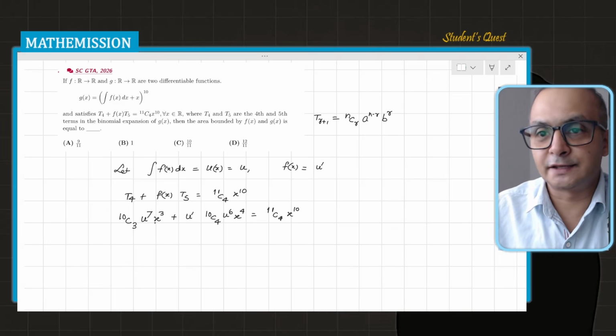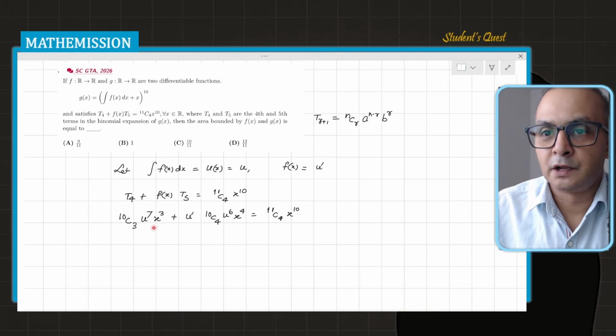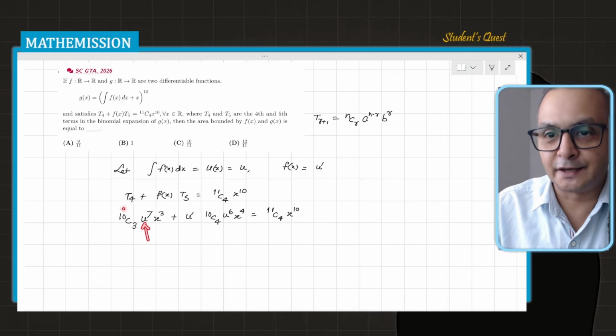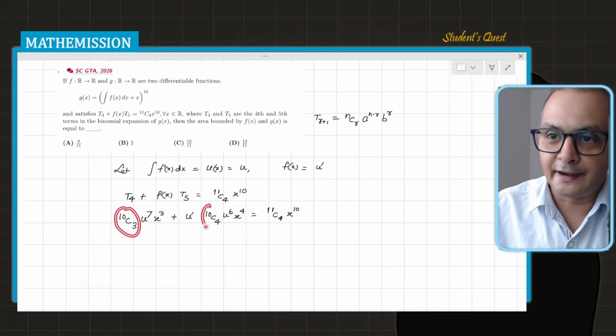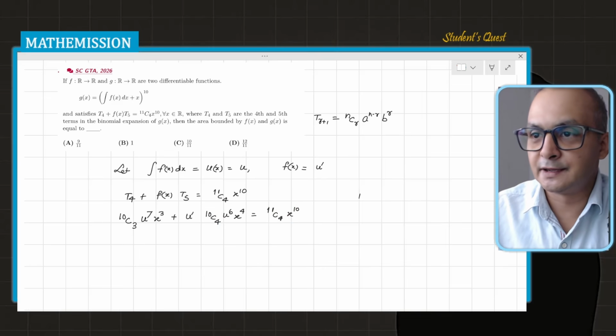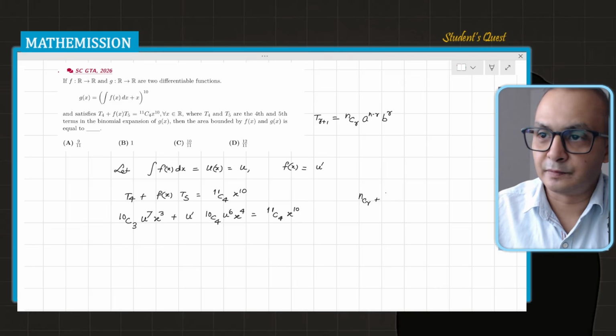So you can see this directly, that here I can substitute x, because you notice that 10C3 and 10C4 will become 11C4. You know the Pascal identity, nCr plus nC(r+1) is equal to (n+1)C(r+1).